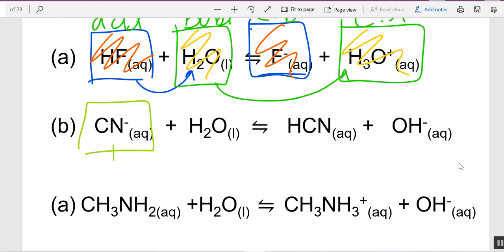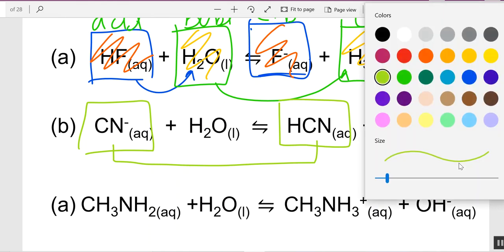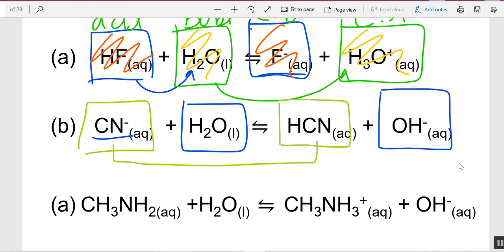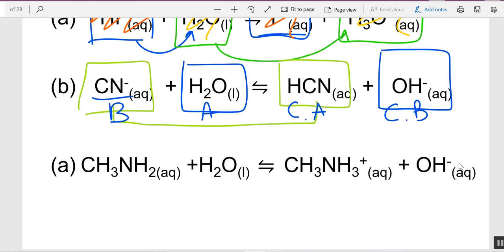Because this is a base that accepts the H plus, it becomes the conjugate acid. Now this one here is an acid because it donates the H plus to the cyanide, so itself becomes a conjugate base. So this is the acid, and this is the base, and this is the conjugate acid, and this is the conjugate base.